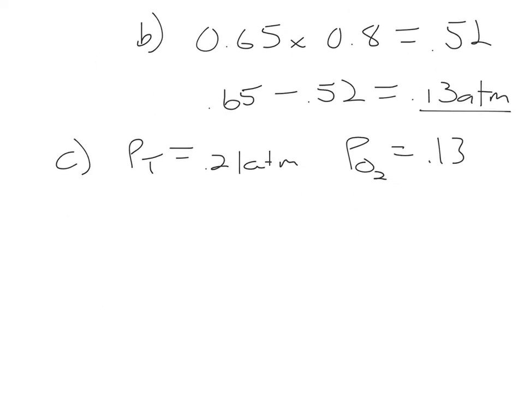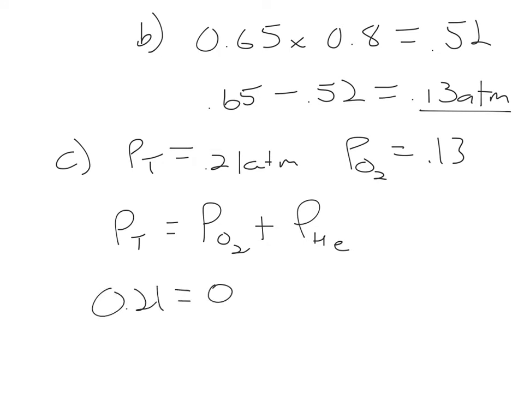Don't forget, total pressure is going to be the oxygen plus the helium. So the total, which is 0.21, will be equal to the oxygen 0.13 plus whatever the helium is.